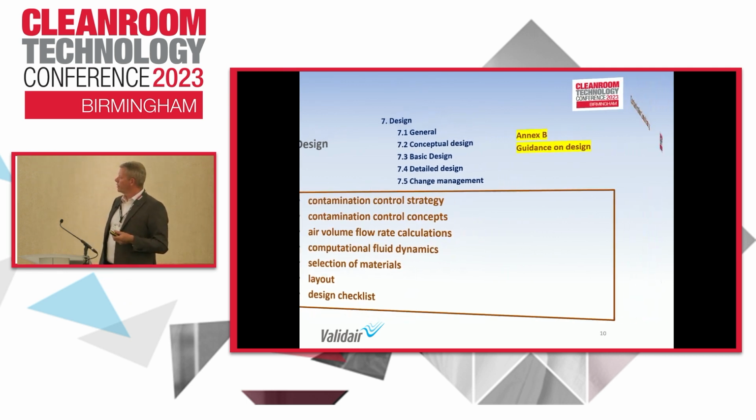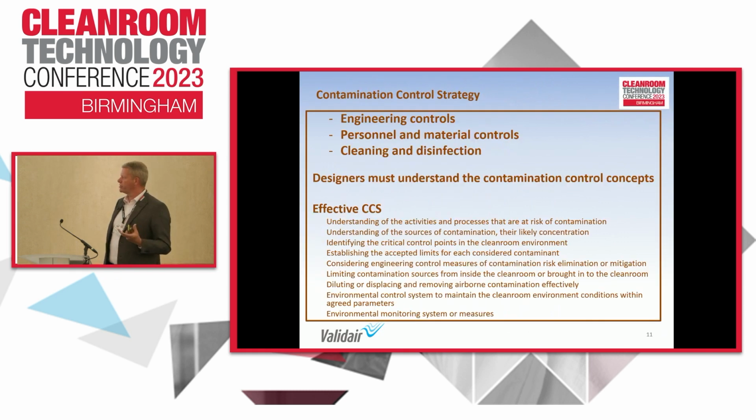But just briefly on contamination control strategy, there are three main controls. You've got engineering controls, you've got personnel and material controls, and then you've got your cleaning and disinfection. They're the three main controls. Everything pretty much falls under those three subgroups when you're looking at contamination control.